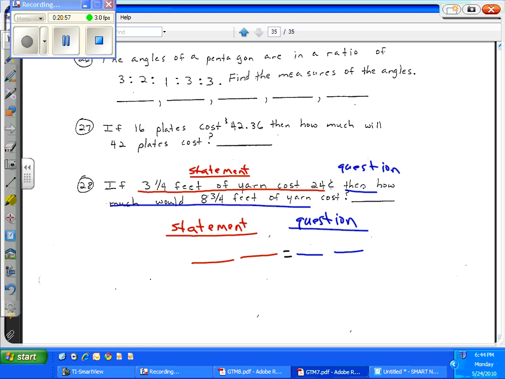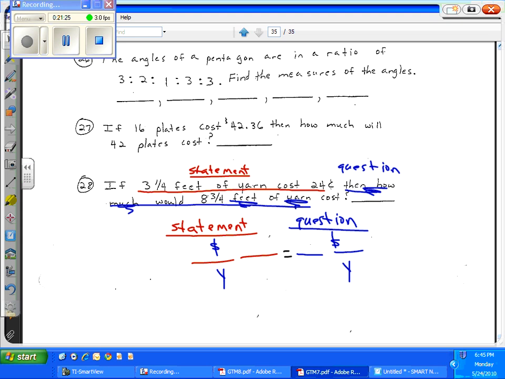In the question, we want to know how much. We're talking about money. We go with so many feet of yarn. We're just going to call it Y for yarn. And it's measured in feet. The first one was measured in feet already. So we have dollars per feet of yarn and dollars per feet of yarn.